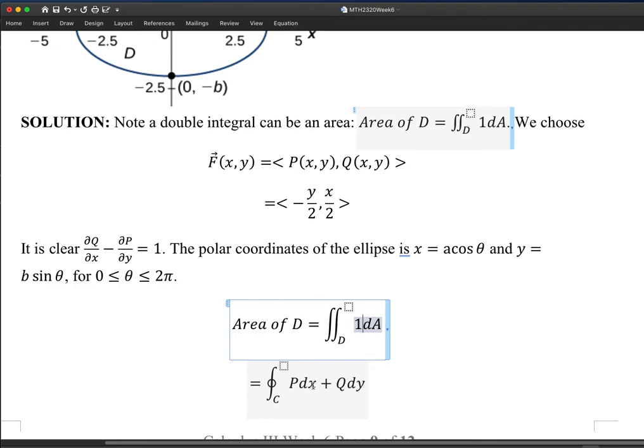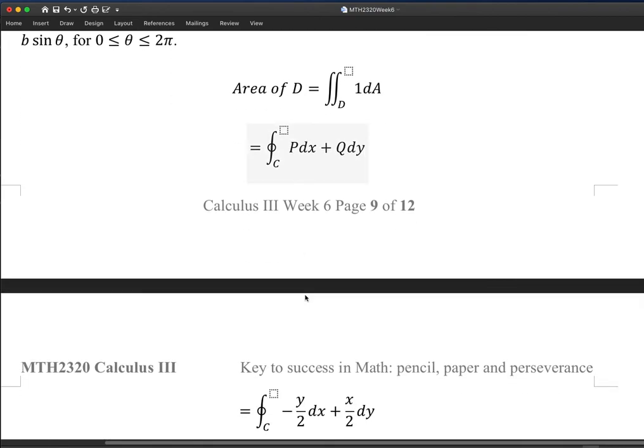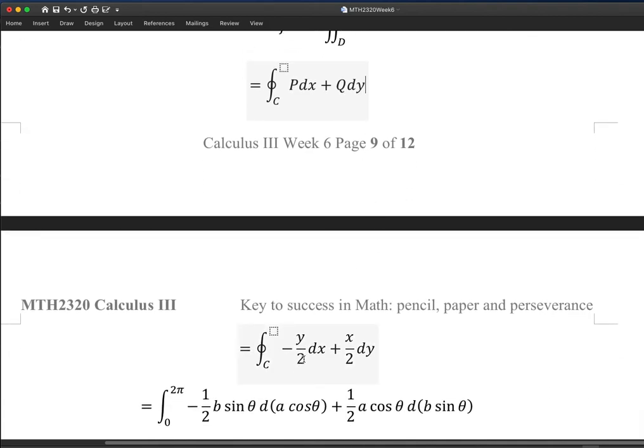That's according to the Green Theorem. And furthermore, for this line integral, the curve is enclosing the region, and here the curve is an ellipse. Usually, I just write out the line integral, it is P dx plus Q dy. Certainly P is negative y over 2, Q is x over 2.